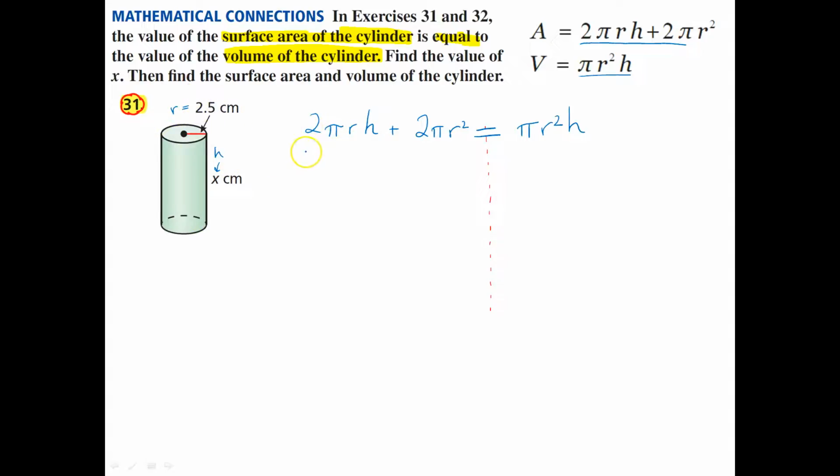So 2 times pi times the radius times the height, which is x, plus 2 times pi times radius squared, so 2.5 squared, equals pi times the radius squared, 2.5 squared, times the height, which is x.